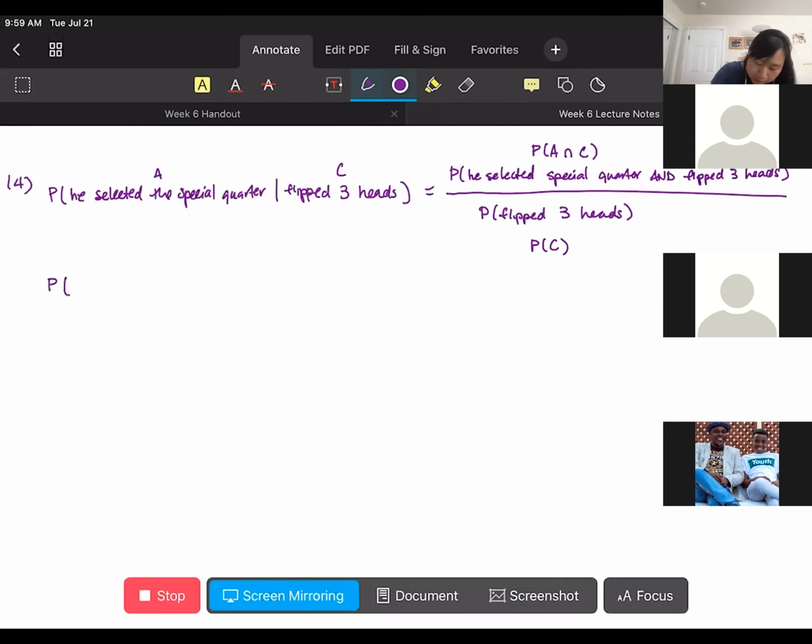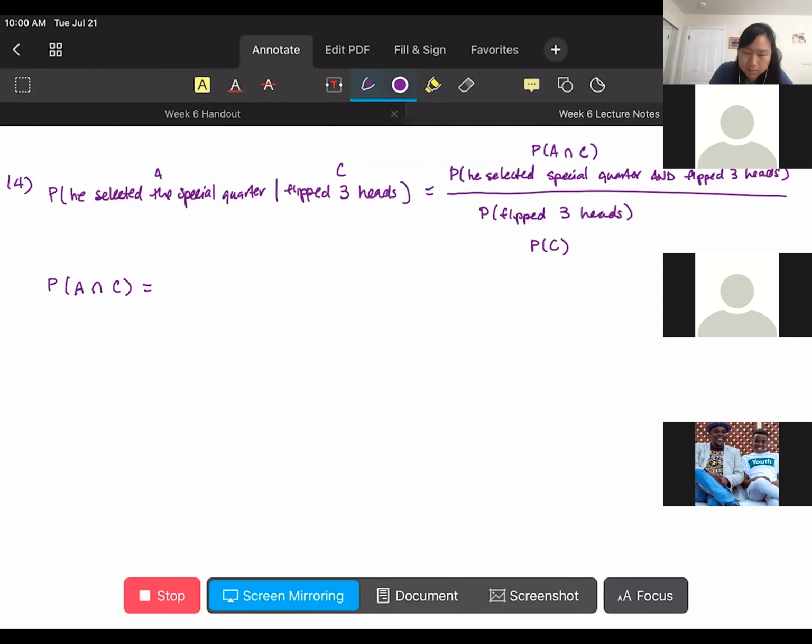So what's the probability he selects the special quarter and flips 3 heads? The probability is 1/16, I think, because he has 2 quarters, so it's a 50-50 chance that he chooses one of them from his pocket.